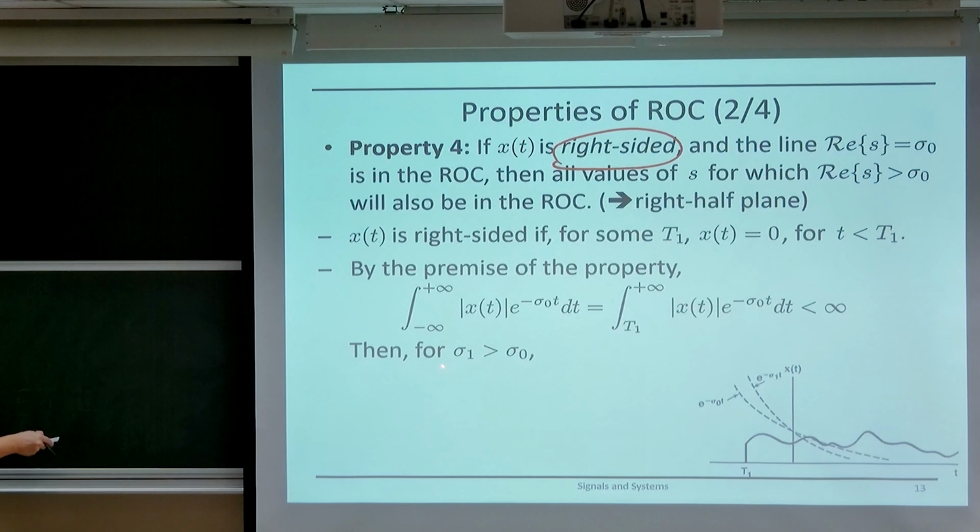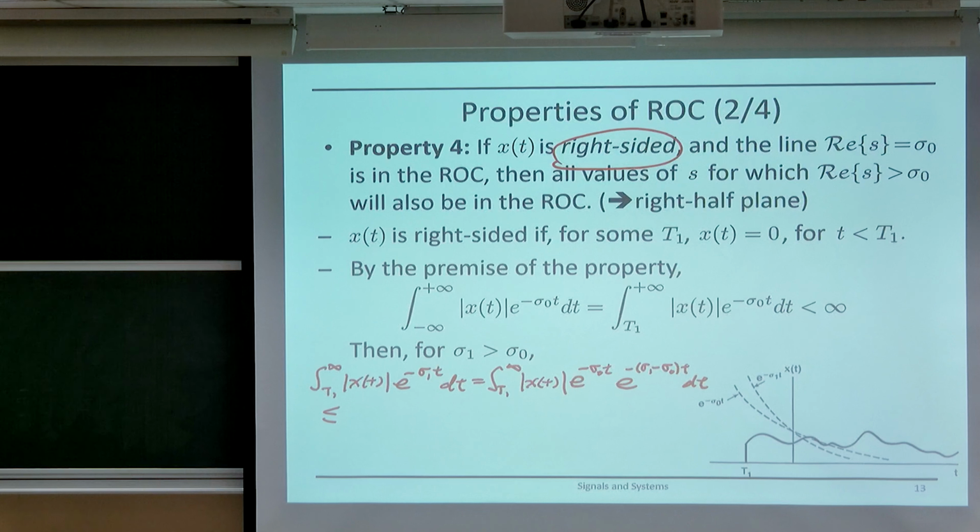Now, suppose you pick a sigma 1 greater than sigma 0, then if you take the absolute integral of x of t times e to the minus sigma 1t dt, you can write this as the integral from t1 to infinity of x of t times e to the minus sigma 0t times e to the minus (sigma 1 minus sigma 0)t dt.